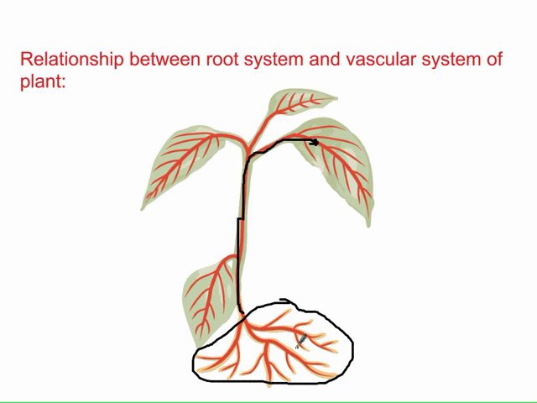So the root system, its function is to absorb the water. The vascular system's job is to carry water, and it also carries nutrients, but carries water to different parts of the plant, specifically to the leaves where it can be used for photosynthesis.